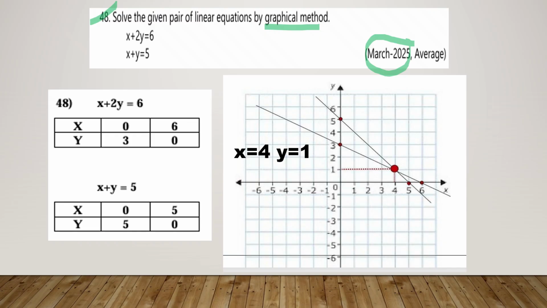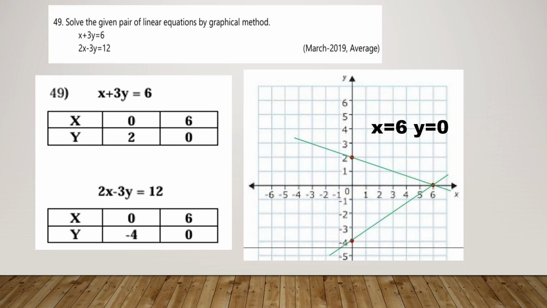Again here (0, 3), then one more is (6, 0), sorry, (0, 5) and (5, 0). So join this line, you will get x as 4 and y is equal to 1 as the final answer. So this type of graphical method is asked in your examination for 4 marks.